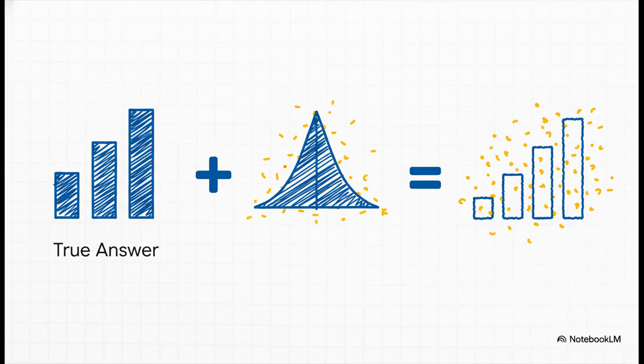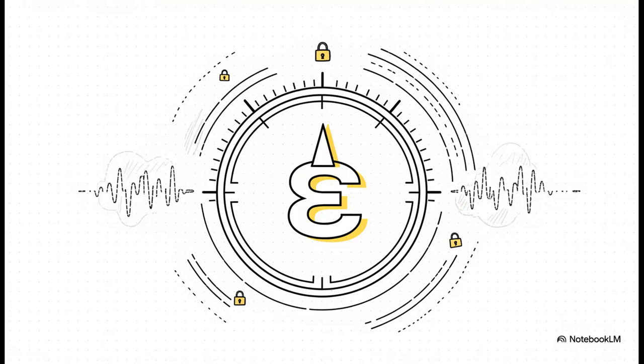Now, when we say noise, don't just think of random static on a TV. This is a very precise, carefully measured amount of mathematical noise that gets added to the true answer of any question. It's just enough to hide what any one person contributed, but it's small enough that you can still see the useful overall trends in the data. And how do you control how much noise gets added?